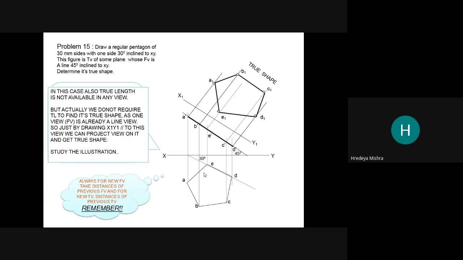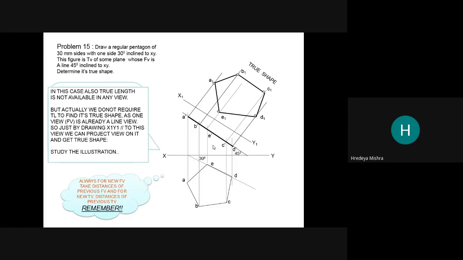What is the line here? The line is B and C. So the distance is B and C here. You choose this distance. And next is C and D. So this distance is here. So you just make this distance and find out the solution.